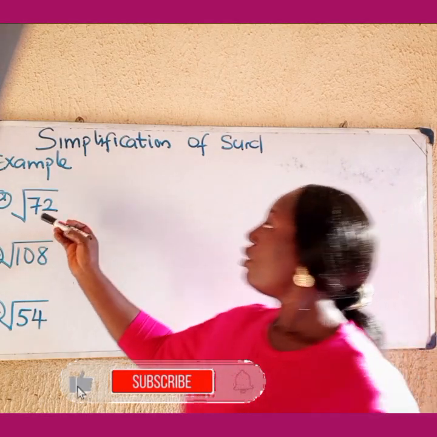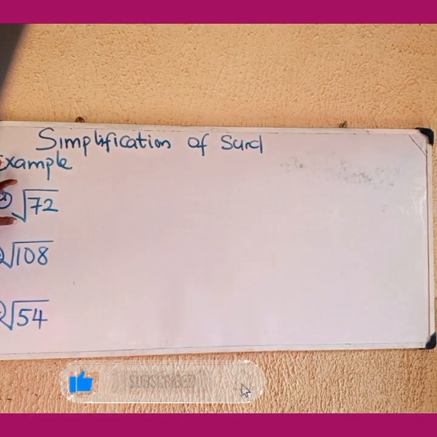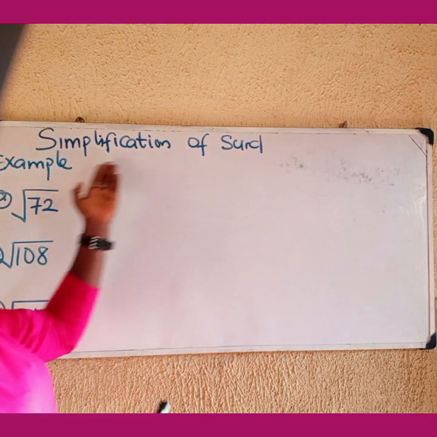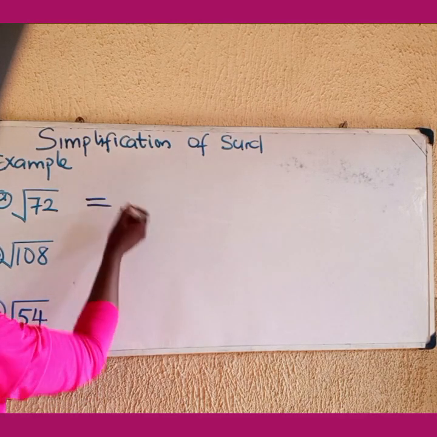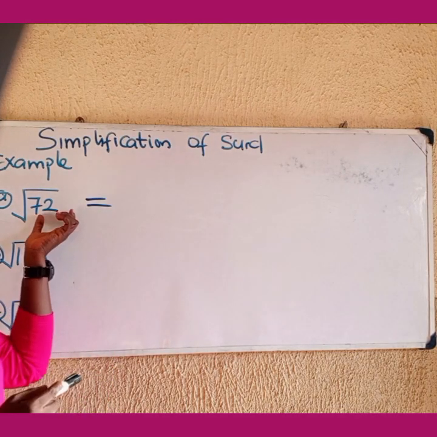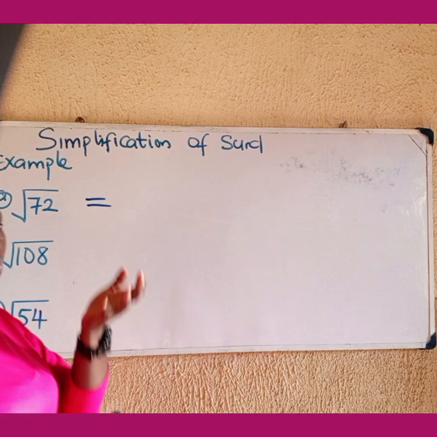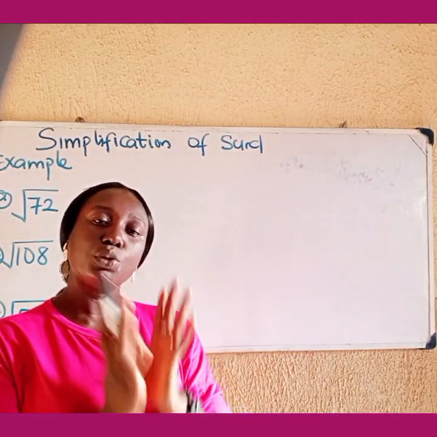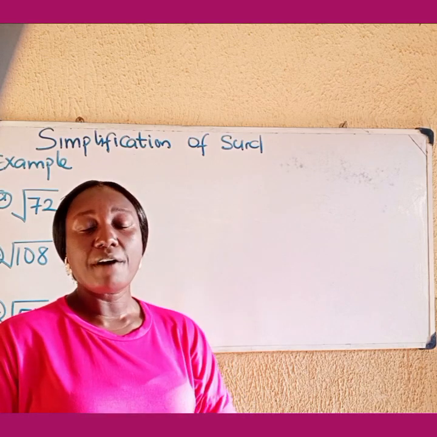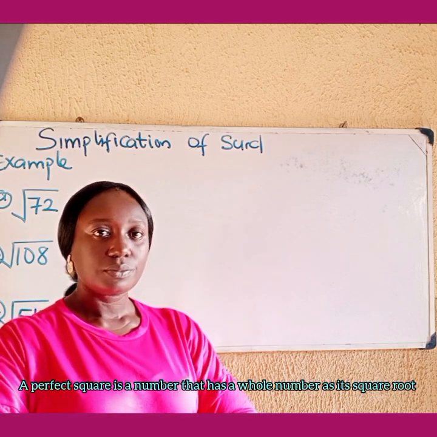We are given root 72 and we are asked to simplify it. So, for us to simplify this number, we have to express this 72 as a product of two factors, in which one of the factors will be a perfect square.